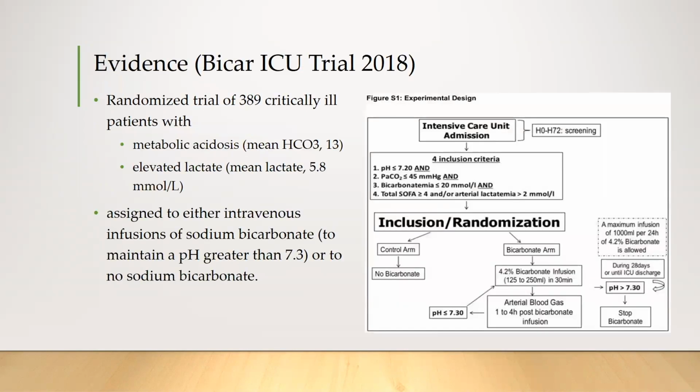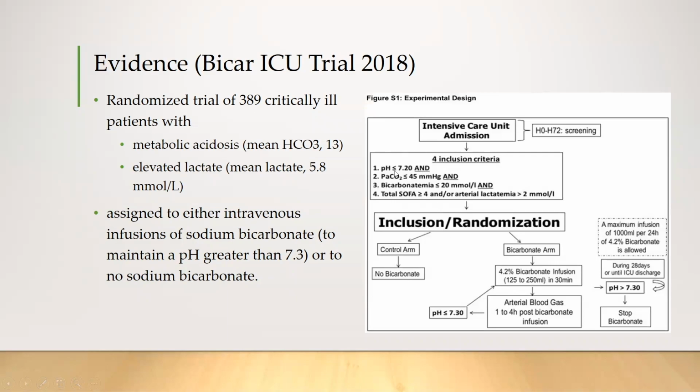Now, there is one recent, well, not so recent trial in 2018 called the BICAR-ICU trial, where they randomized 389 critically ill patients with metabolic acidosis, with a mean bicarb level of 13 and elevated lactate. They didn't differentiate what kind of acidosis these patients had, but they were assigned to either infusions of sodium bicarbonate using 4.2% or no sodium bicarbonate, and they wanted to target a pH of greater than 7.3.